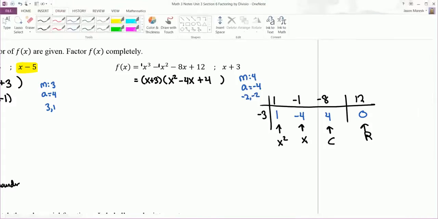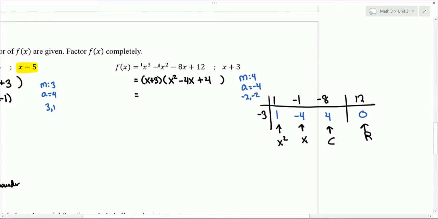So it does factor further. So bring down the x plus 3 and factor to x minus 2 times x minus 2. And because we have repeating factors, we could even condense this further to x plus 3 times x minus 2 squared.